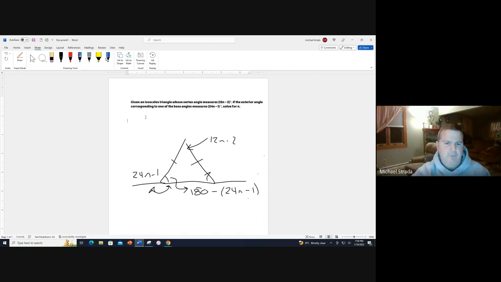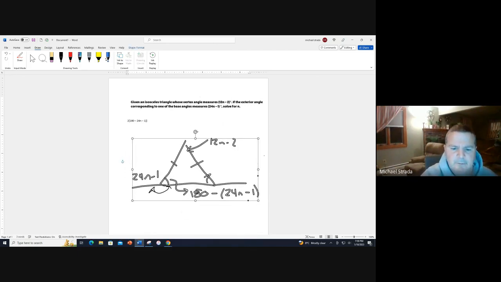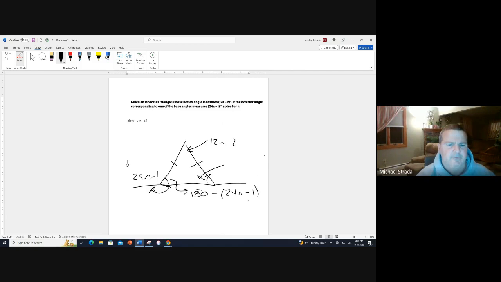So the first angle would be, and I'm going to put in brackets, 180 minus 24n minus 1, times 2, because those angles are going to be congruent, because the base angles are congruent. That is going to represent that angle as well. So they're congruent. That's where the 2 comes from. All right, go back up here.